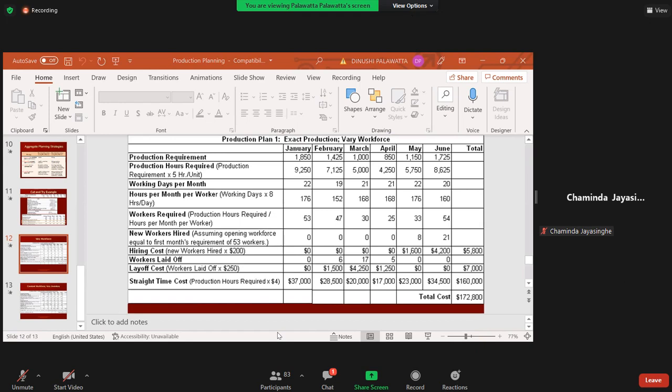$9,250 divided by 176, you get 52.5568. So when you round up, you get 53. You can do either way. When you round up, actually you are on the safe side. Maybe you can round to the nearest integer.